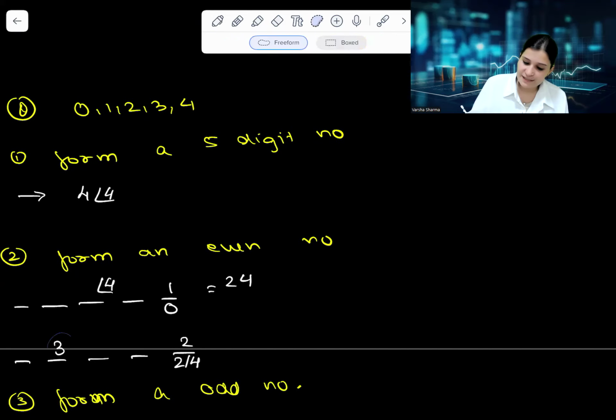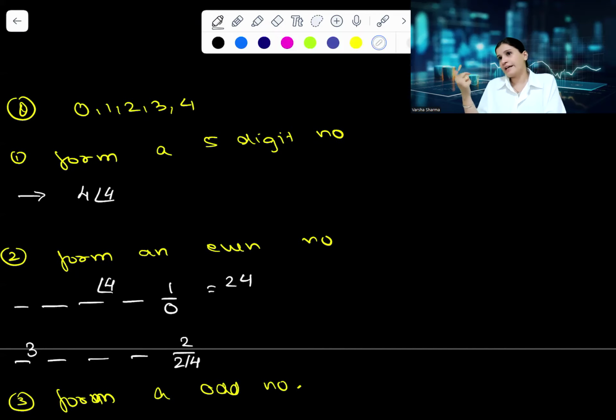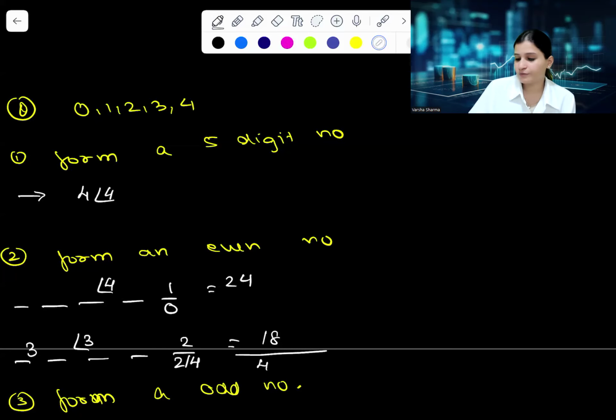So the first place can still be filled in 3 ways because either 2 or 4 goes and even 0 goes. So out of 5, 2 people are not allowed, so remaining only 3. And the remaining 3 places can be filled in any way. 18 ways. Yes, total 42.